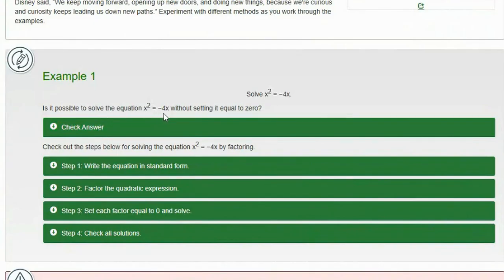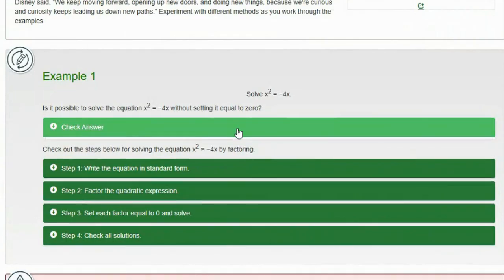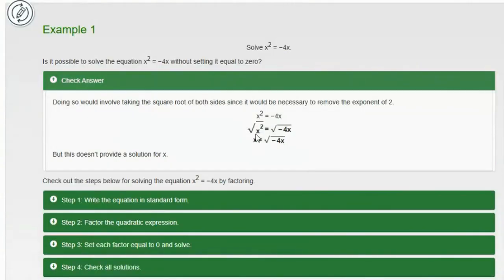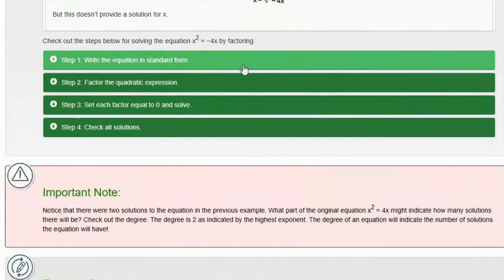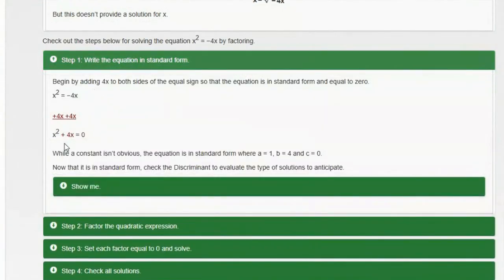So is it possible to solve this without setting it equal to 0? No, because then we would have x equals the square root of negative 4x. That's like the very first thing we tried with x squared equals 9, where we just took the square root of both sides. It doesn't work with this type of problem. So we need to write it in standard form by moving everything to the same side: x squared plus 4x equals 0. You can check the discriminant, the a, b, and c.